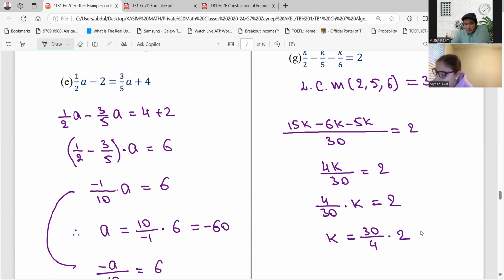So that's equal to, I can just write it as 30 times 2 divided by 4. What is 30 times 2? 60. 60 divided by 4?